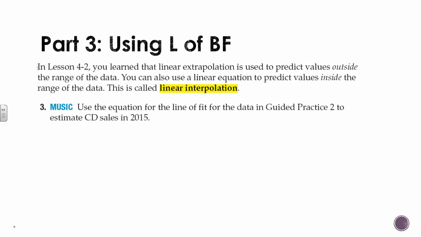So in lesson 4.2, we learned that linear extrapolation is used to predict values outside of the range of data. We can also use linear equations to predict values inside, and this is called linear interpolation. So this asks us to use the line of best fit that we just found to estimate the CD sales in 2015.